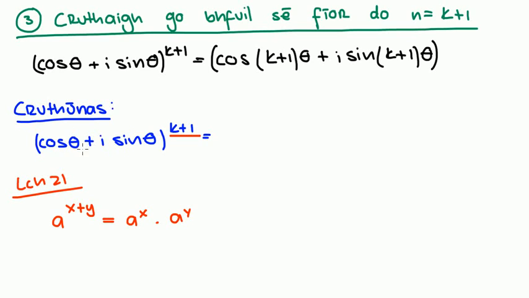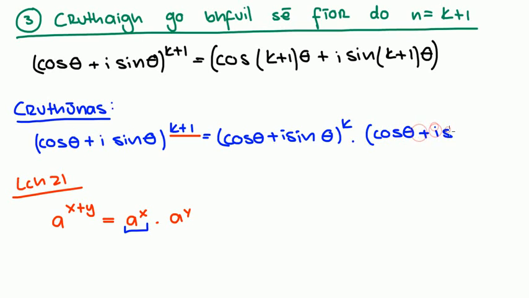So taking cosine theta plus i sine theta as my a, I can now break it up into (cosine theta plus i sine theta) to the power of k. So that's like my a to the power of x. And then that's multiplied by (cosine theta plus i sine theta) to the power of 1.